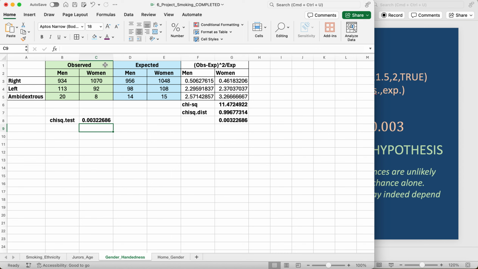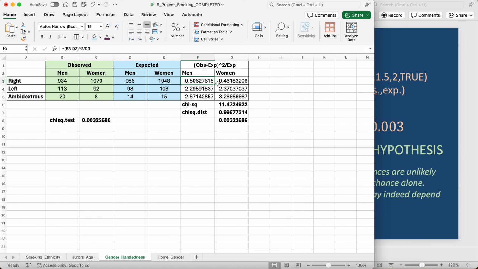So for men, it's this number minus this number, squaring that, dividing by the expected. And so we have a value for each one, and then we're going to add them all up to get the chi-squared. So just quickly to look at this formula here, B3, so this number minus D3, that's this number, squared, divide by D3 again. So we have this value.